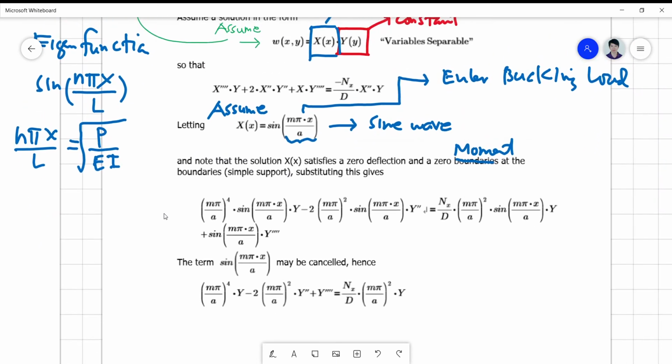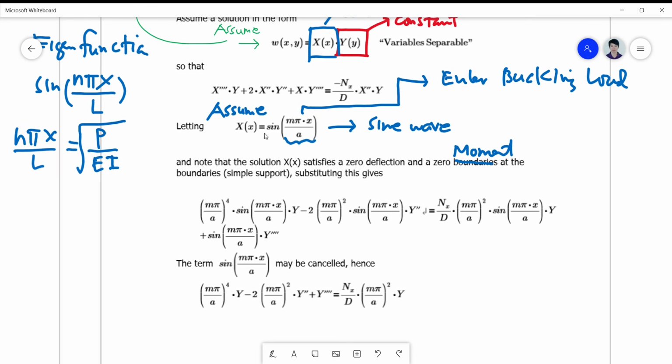We simply substitute the fourth derivative of this. If I differentiate sine four times, I get sine, cosine, sine, cosine, sine. So I get a sine back and then multiplied four times with m pi over a to the fourth.